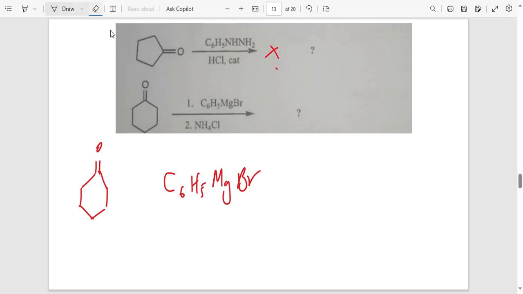So it's a Grignard reagent. So we said that for the Grignard reagent, these two guys will not affect anything. We just delete them. And then this carbon will remain with the negative charge.